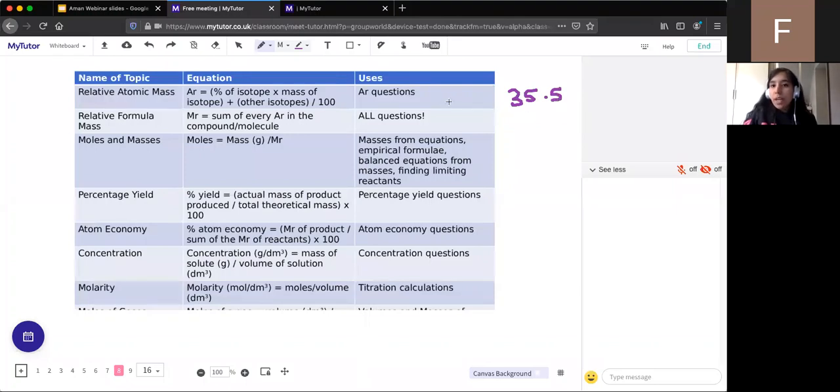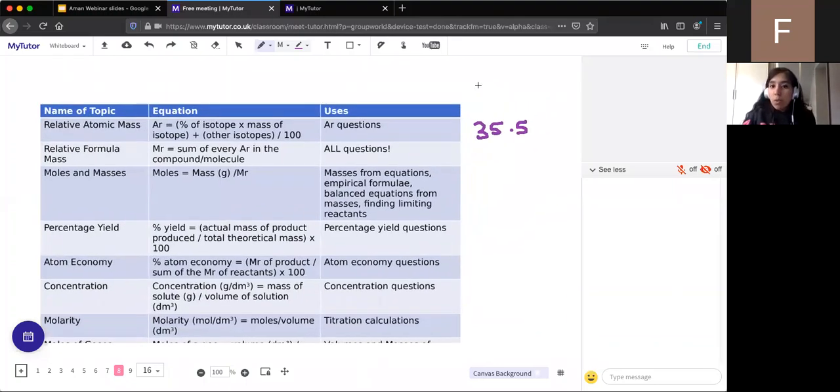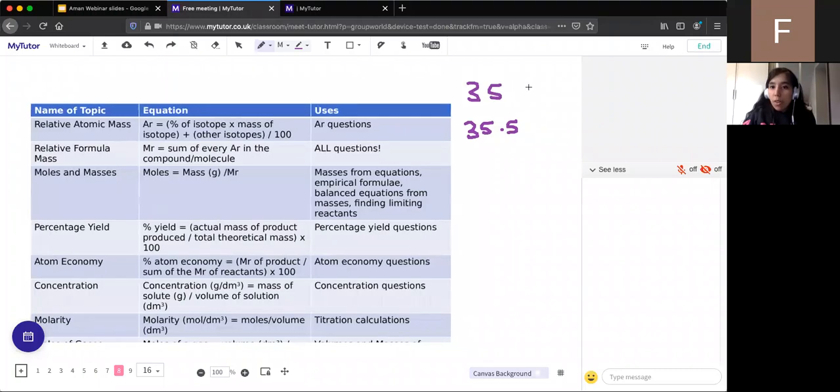And the reason for that is that it has two isotopes, one that has a mass of 35 and one that has a mass of 36. And they are both in abundance of 50%, which means that in the Earth, there's 50% of 35 and there's 50% of 36. So that means that the overall or average AR is 35.5. So that's how we calculated the AR.